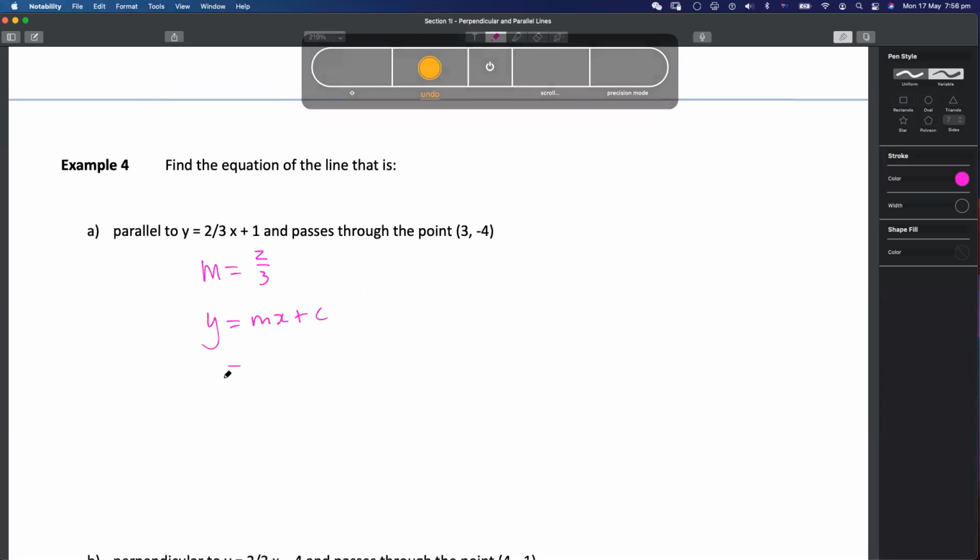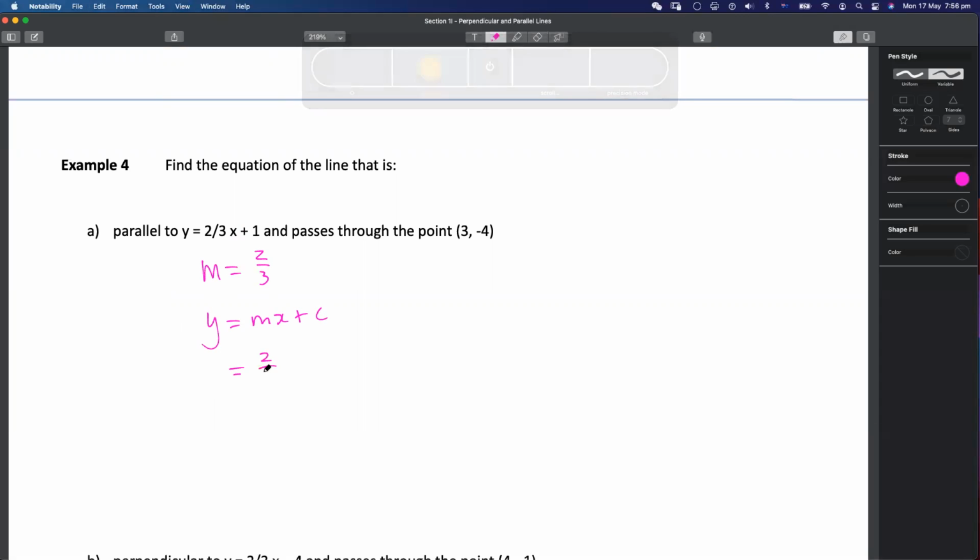So our m is 2/3 x plus c. And now I can just substitute 3, -4, because this line passes through this point, which means this point lies on the line.